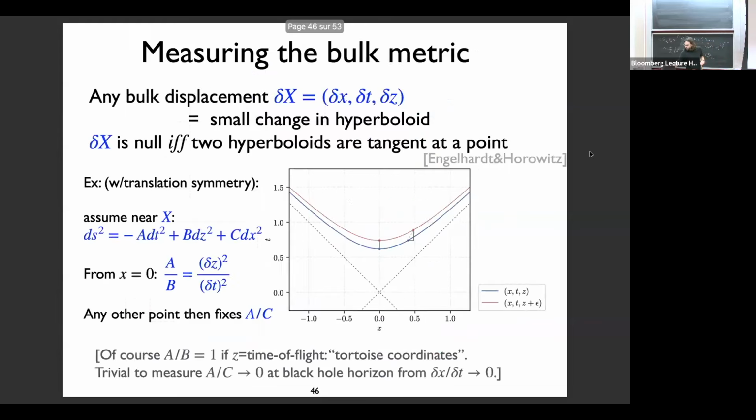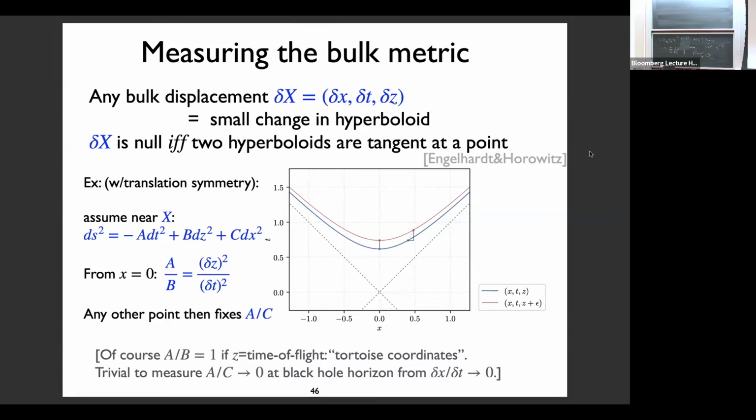We can make this a bit more quantitative. Here's the recipe, adapted from this earlier work, for how you actually measure the bulk metric. What you do is the following. It's a clever observation: let's think of the bulk metric as a function of tangent vectors in the bulk. A tangent vector in the bulk is like a variation of this curve.